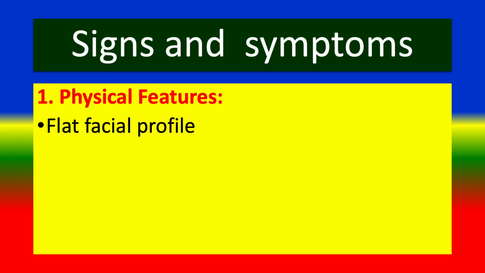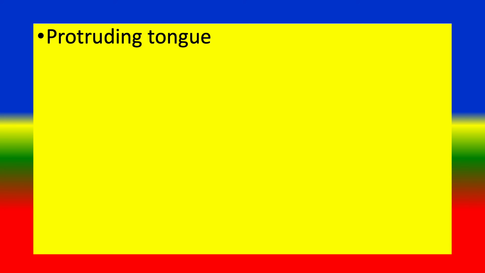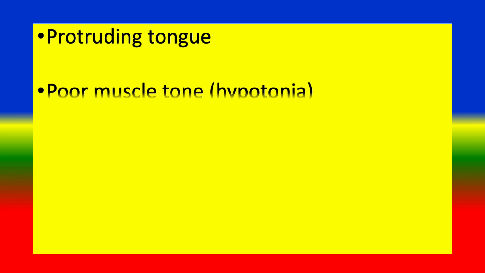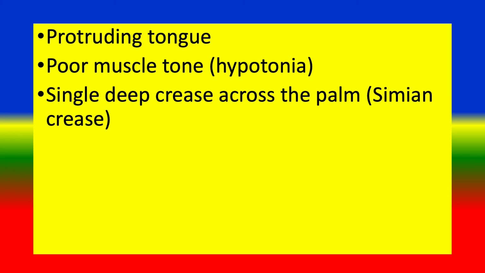Flat facial profile, small head and ears, almond shaped eyes with upward slant, short neck, protruding tongue, poor muscle tone, hypotonia, single deep crease across the palm, short stature.